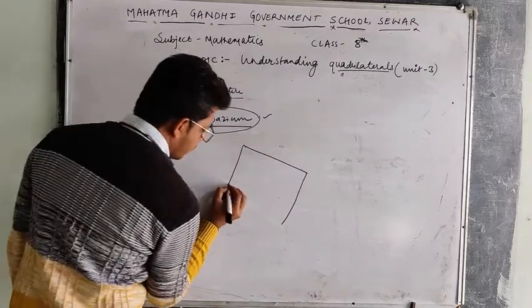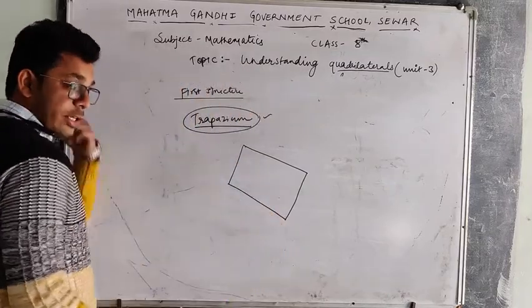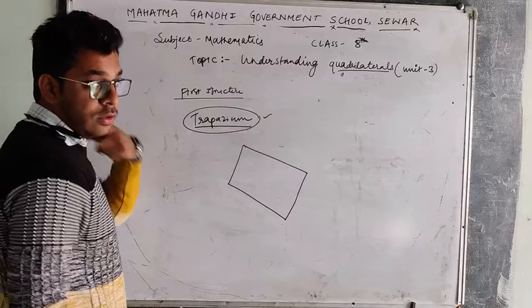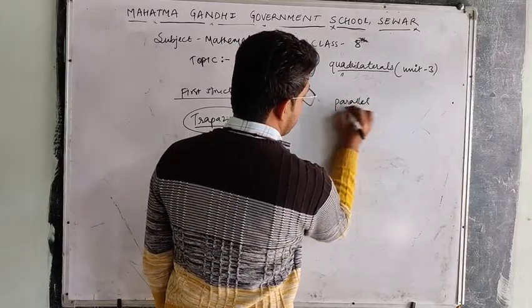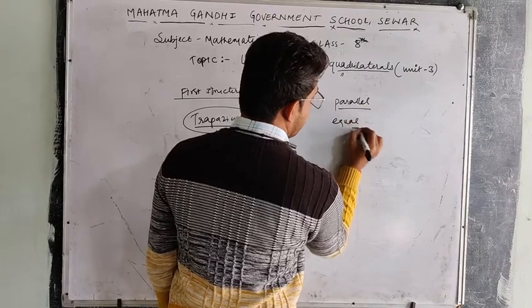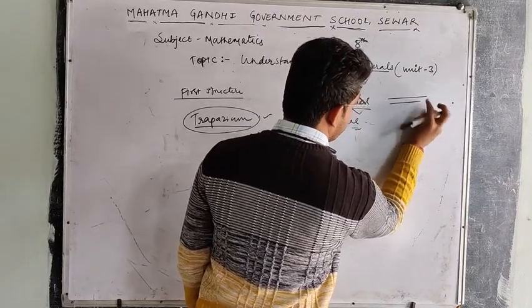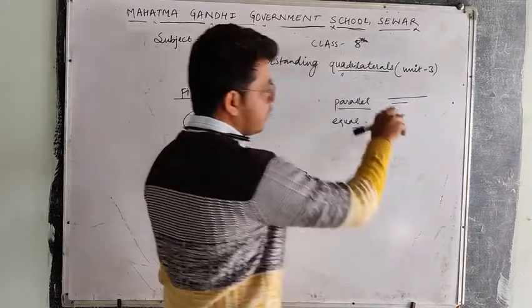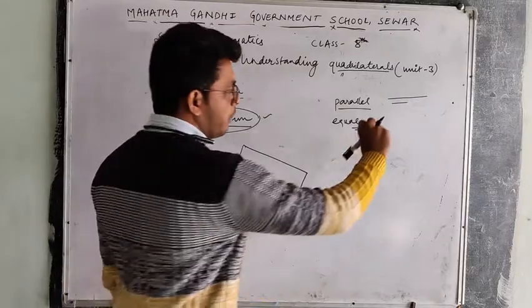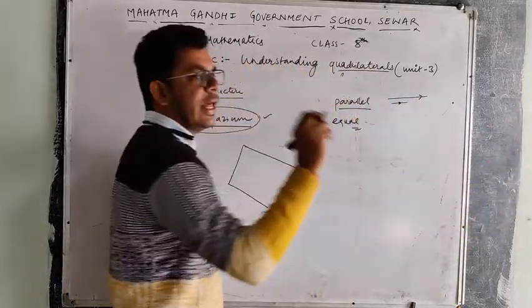Two sides should be what? Parallel, not equal. First of all, we have to understand what is parallel and what is equal. If I draw 2 lines, these are not equal in length, but they are parallel. If we move these lines forward, they will never meet.